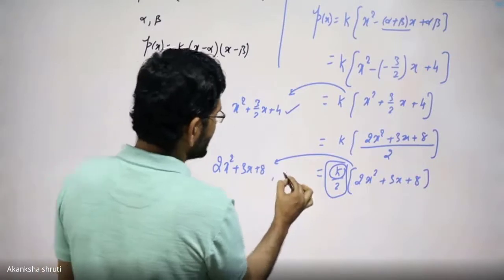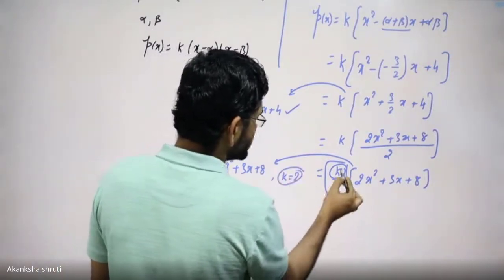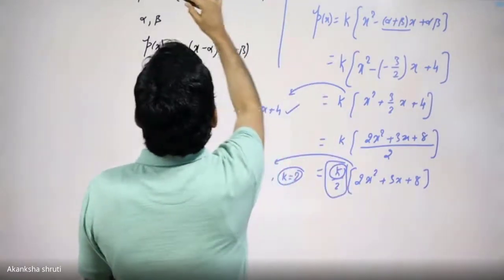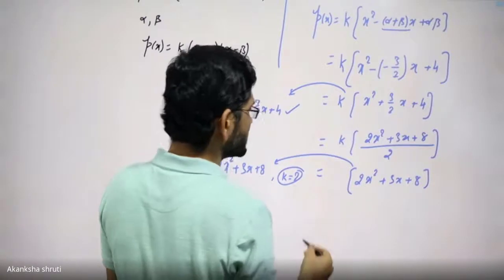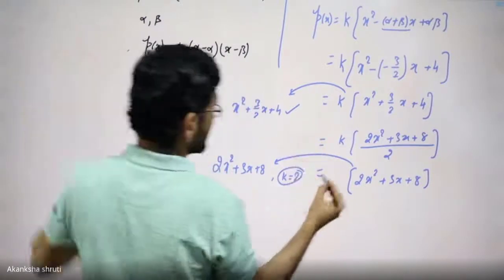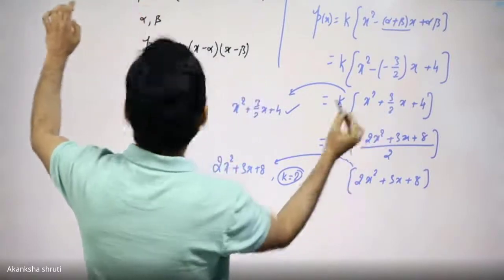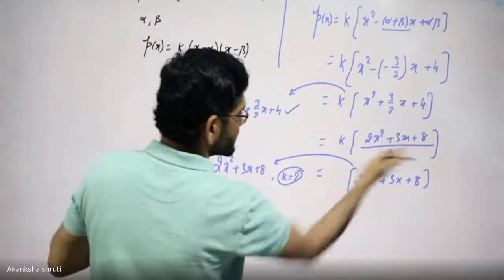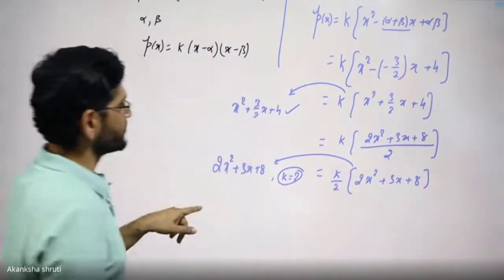Here what is done? The k value is just taken as 2. So taking k value as 2, this will get converted into 1. So in your MCQs, the questions are framed where, rather than just taking the simplest form, taking the LCM and different values of k, we are getting different polynomials.